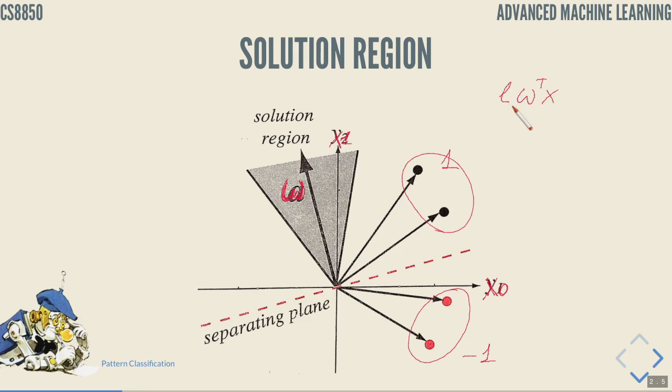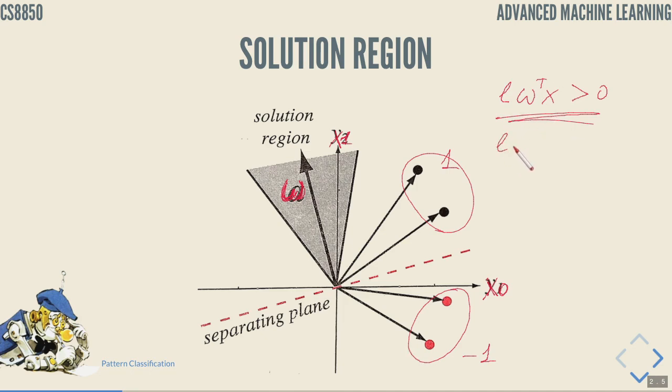And if this times the label is greater than 0, then classification is correct. Why is it correct?